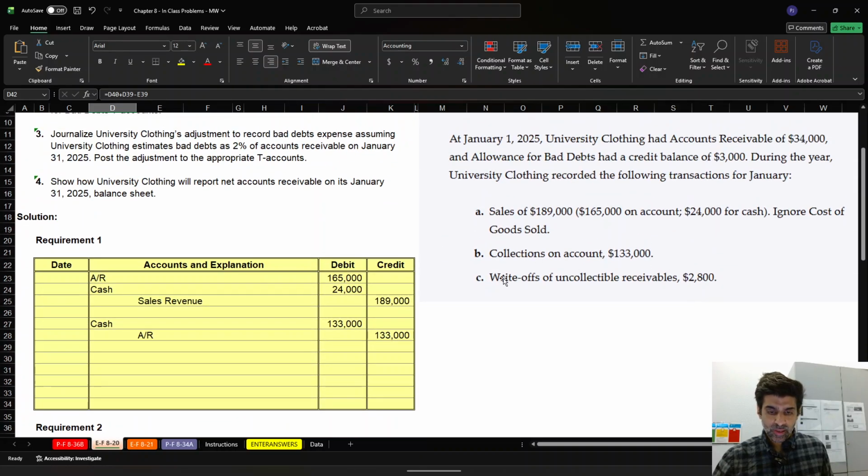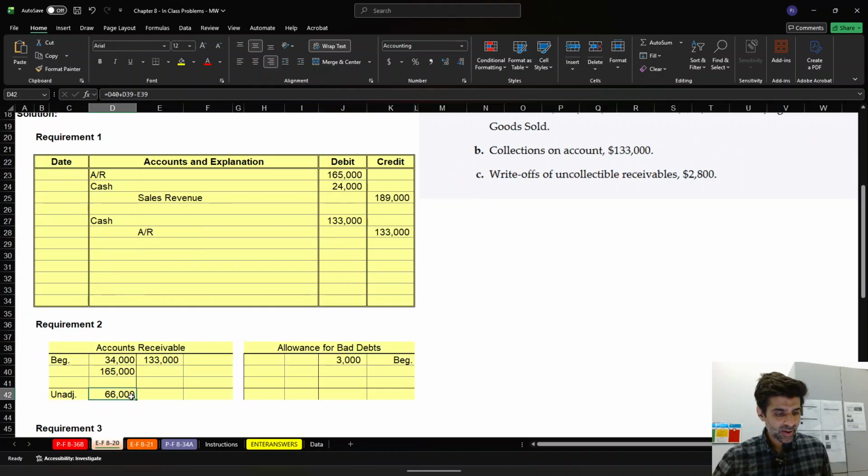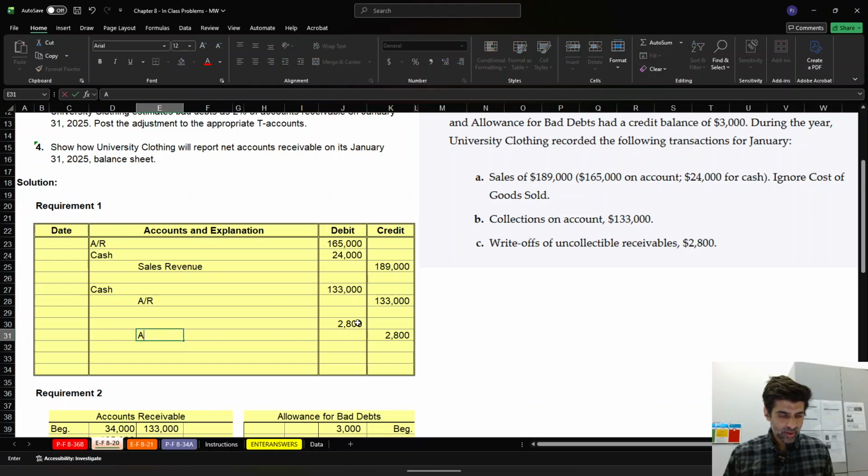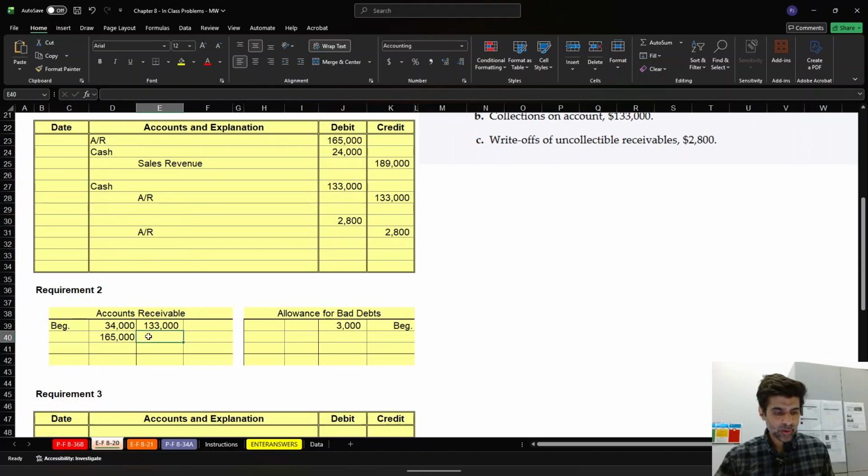Okay, so then we did this one. The last one, C, write-offs of uncollectible receivables. Actually, sorry, I'm wrong. We still have to do this. This is not complete. So, write-off of uncollectible receivables, 2,800. What that means is that we've determined that some of our accounts receivable are uncollectible, so we're going to write those off. We're going to reduce accounts receivable by 2,800, but we're also going to draw on this piggy bank.